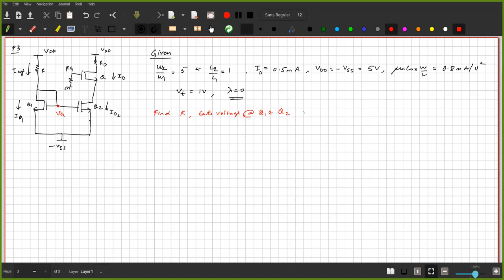And the lowest voltage allowed at drain of Q2 while Q2 remains in saturation.